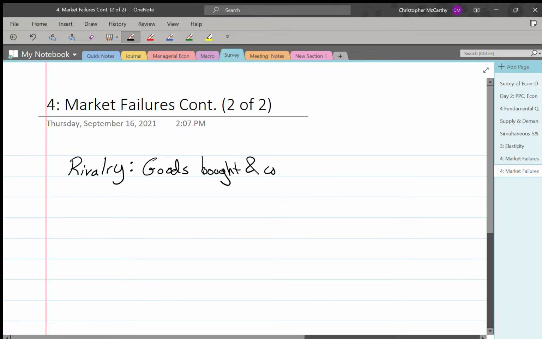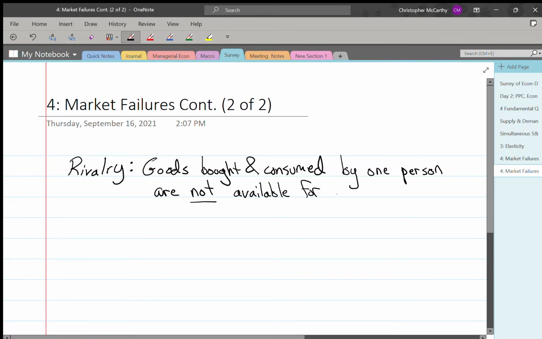and consumed by one person, and as a result, those goods are not available for another person to buy and consume.